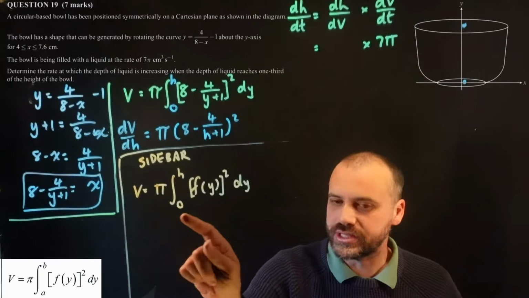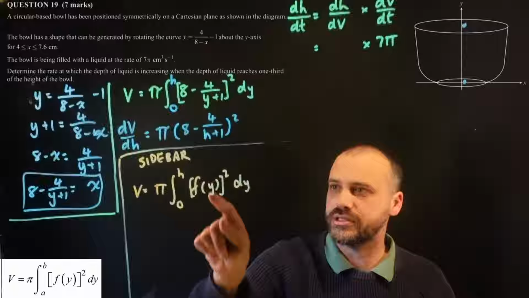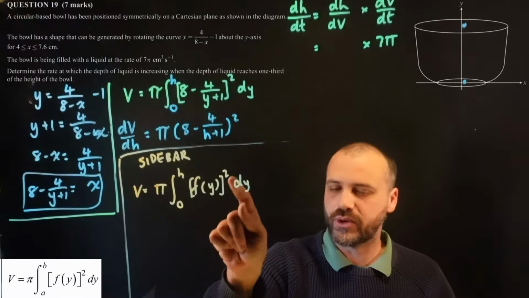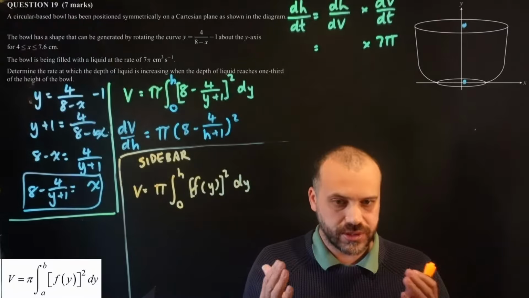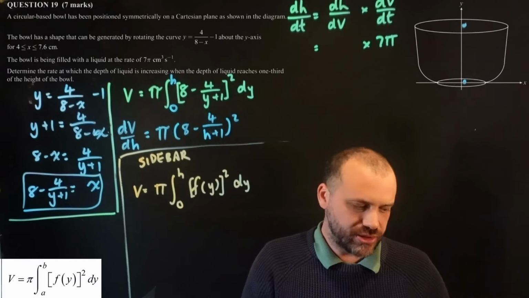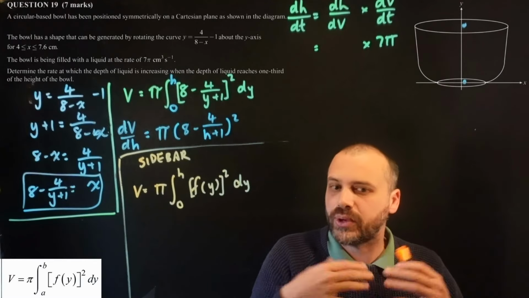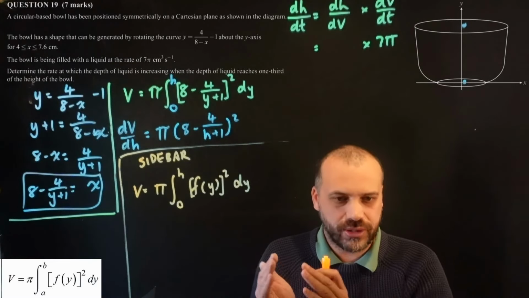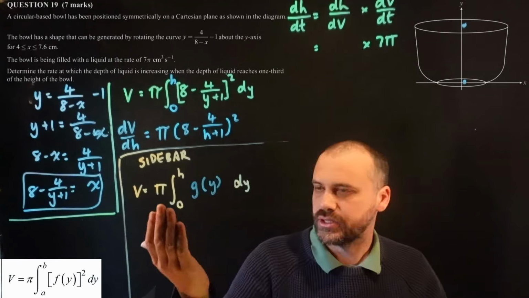V equals π, so same sort of formula, but instead of all this nonsense, I've just called it f of y squared. Now, for the purposes of what I'm about to talk about, f of y squared is just another function. So let's just call it g of y, and that way we can get rid of the squared, and we can talk at a much more basic level. So far so good.